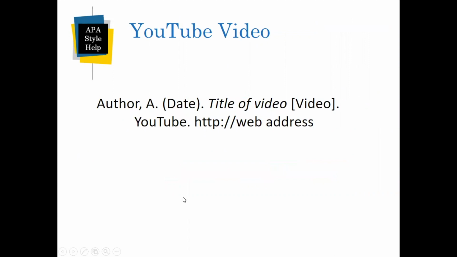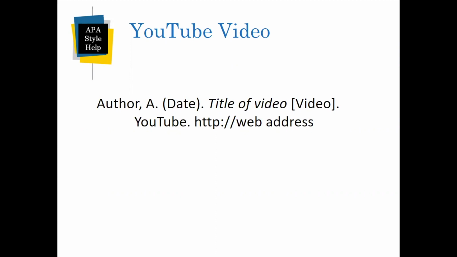YouTube video. Very, very similar to how you cite a website. You've got your authors' names. If you have a personal author, you do the personal author. If it is a corporate author, you use a corporate author. You have the date, and then once again, that's as much date information as you're given. You have the title of the video. We treat it just like the title of a website or the title of a book.